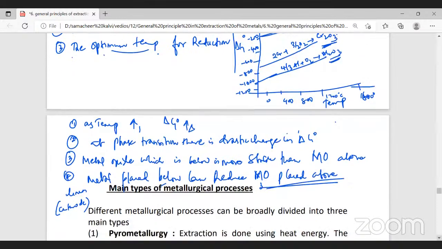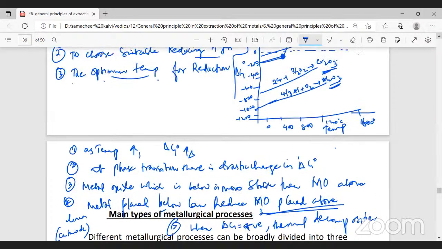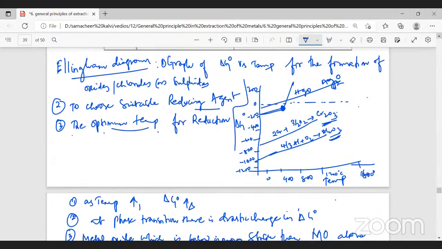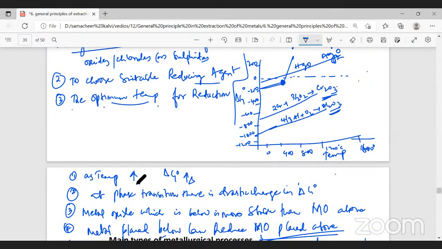All right. The fifth point is, when delta G becomes positive, it undergoes thermal decomposition. These are the 5 points in case of Ellingham's diagram. The first point is, as temperature increases, standard free energy increases. Therefore, the slope shows positive deviation.